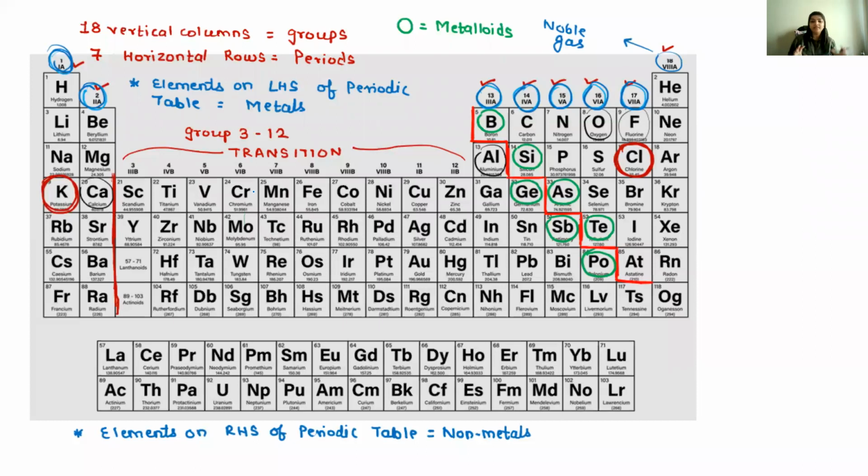Remembering can be either you write it 10 times, or you write it once or twice a week, or daily you can just write down these valencies 5-6 times. It will register in your mind, because as I told you, it's the base. If you don't know the valencies, then you will not be able to make formulas. If you don't know how to make formulas, then it will be difficult for you to write the chemical equations. So all that is very, very important.